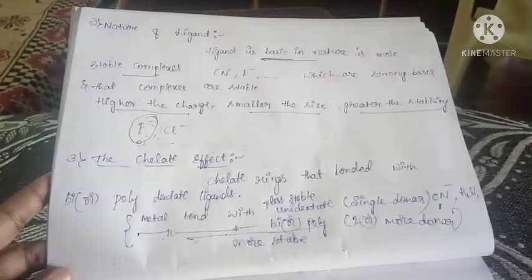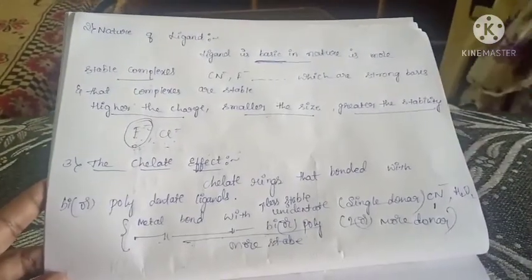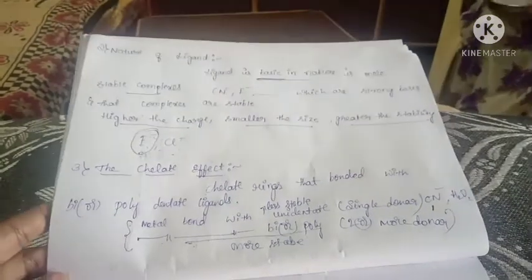A metal bonded with a bi- or polydentate ligand has two or more donor atoms, and that is more stable. Here I am giving examples C2O4 and en.